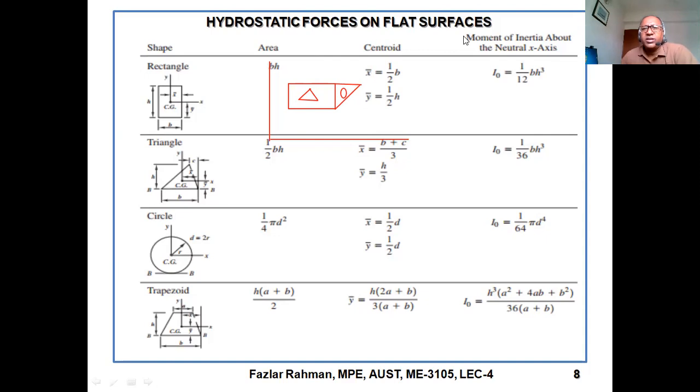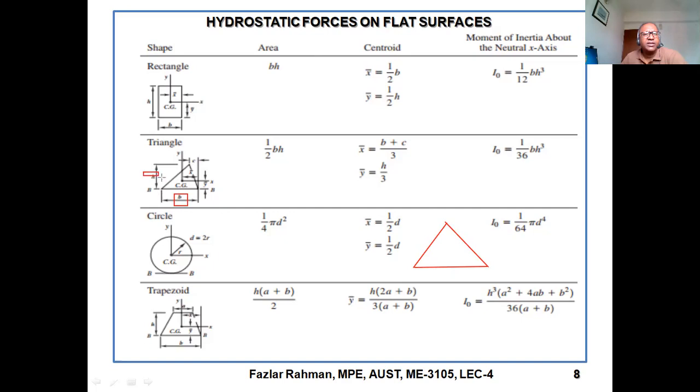For example, if I give you a triangular plate right over here, if I make a figure over here, bigger arm length is B right over here. It's called B, and height of the triangle is H. So you can figure out the area from the formula half BH. Then this length is C. Then you can figure out the location of XCG from here along this direction.